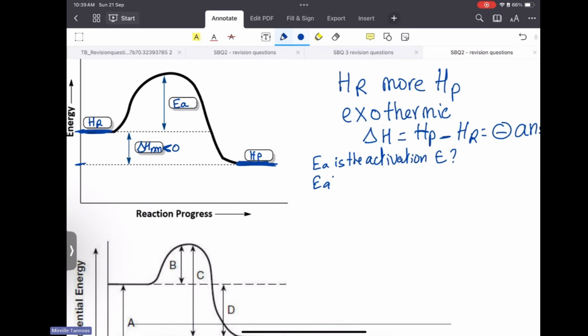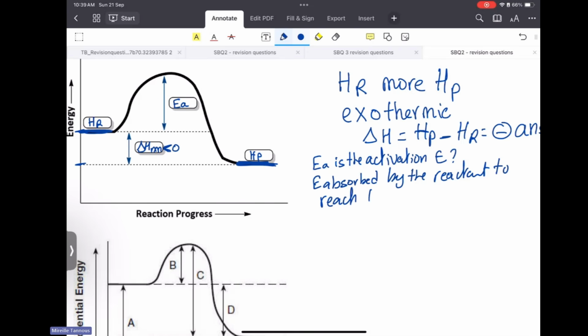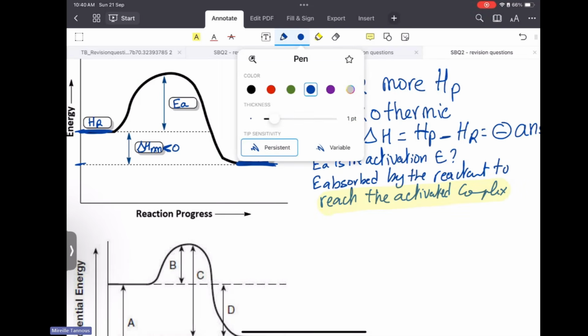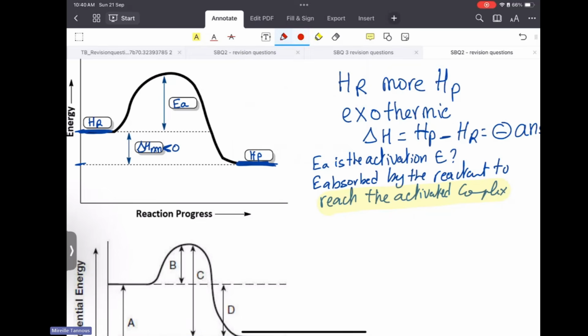It's the energy absorbed by the reactant to reach the transition state, or what I call the activated complex. What does this mean, to reach the activated complex? This means to break their bonds.